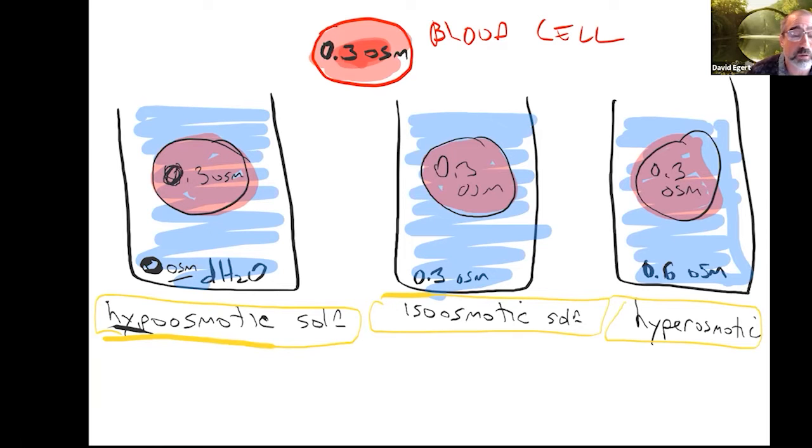And the inside is always 0.3. So if the solution is less than 0.3, we call it hypoosmotic. If it's exactly 0.3, it's isoosmotic. If it's greater than 0.3, it's hyperosmotic. And just for completeness, this 0.3 is somewhere between 0.28 and 0.3, but let's just say 0.3 because it's easy.